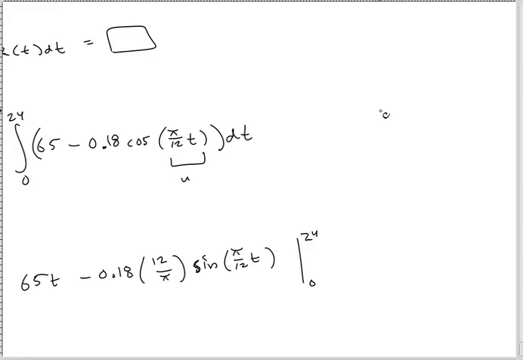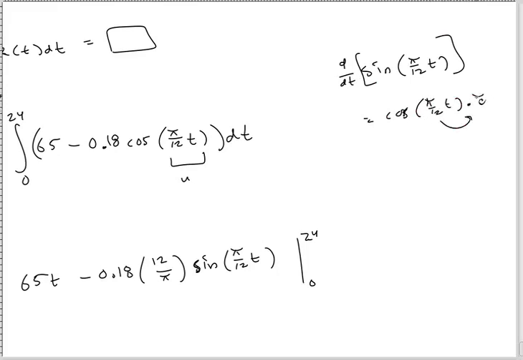Well, it's kind of like chain rule. Let's go back and say we had the sine of pi over 12t, and I want to take a derivative of this thing. And so your sine goes to a cosine. You leave the inside alone. You take the derivative of the inside, like that. And see how you're multiplying by the derivative of the inside?